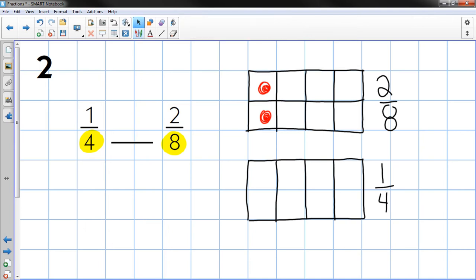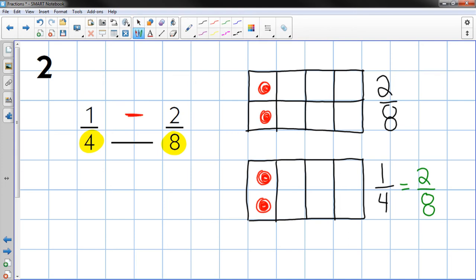And then I'm going to color in one of the 4. And 1/4 looks like it equals 2/8. They're the same size. They're worth the same amount. So in this case, they're equal to each other.